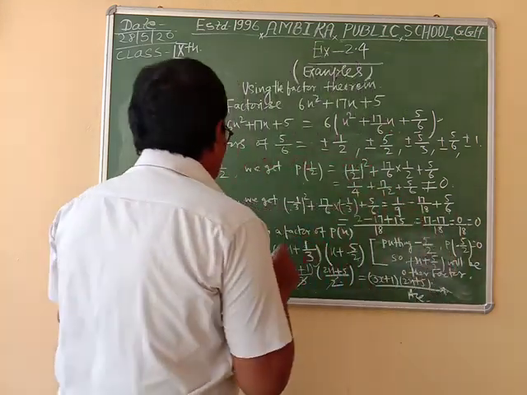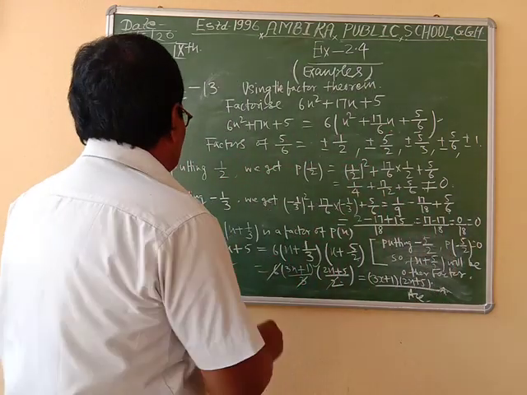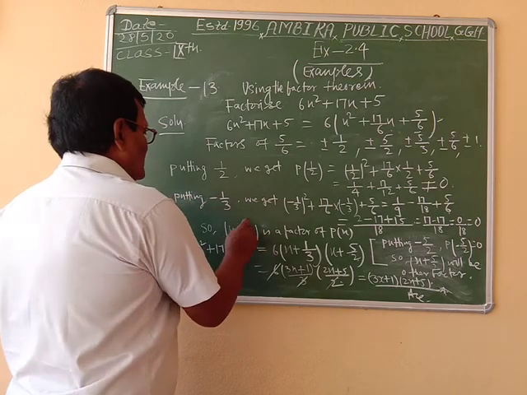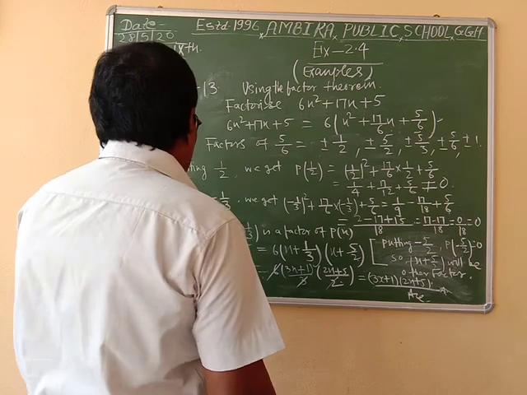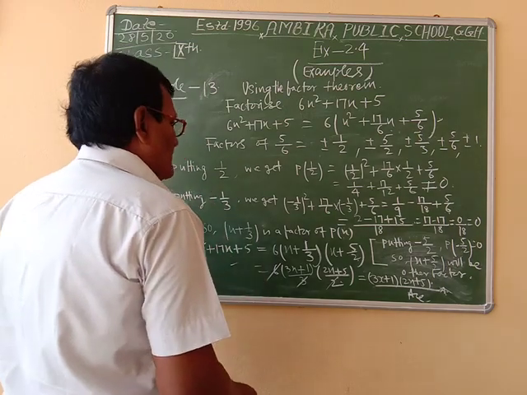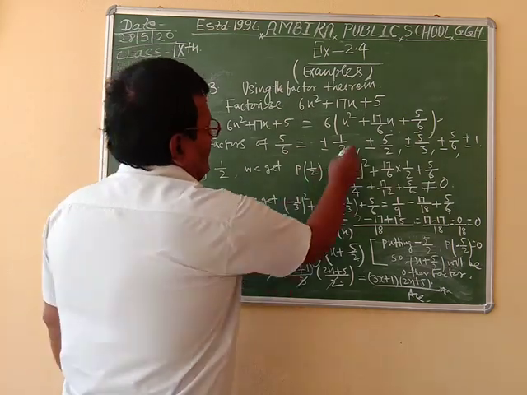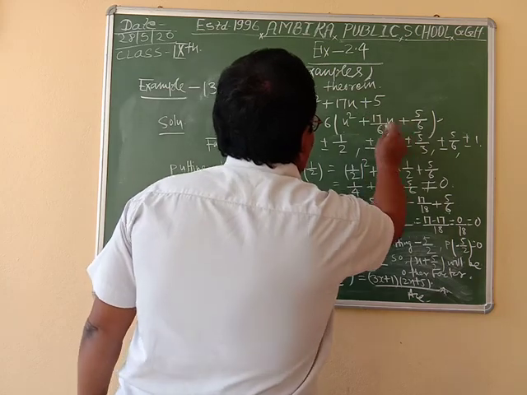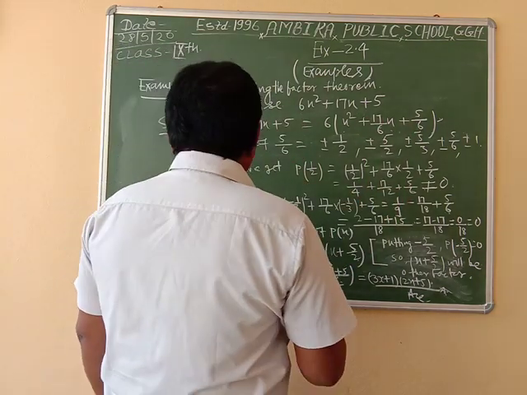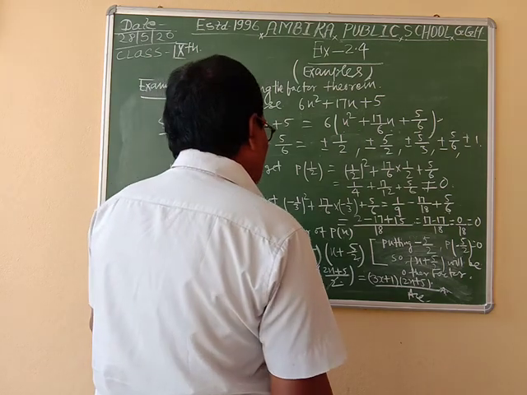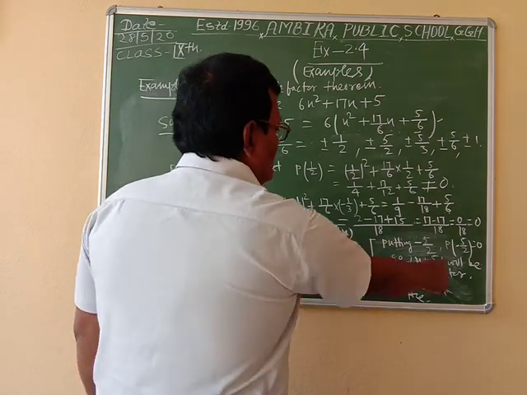So one factor will be x plus 1 by 3. X plus 1 by 3 is a factor of P(x). And if we put minus 5 by 2 in the given expression, we also get P of minus 5 by 2 is equal to 0.